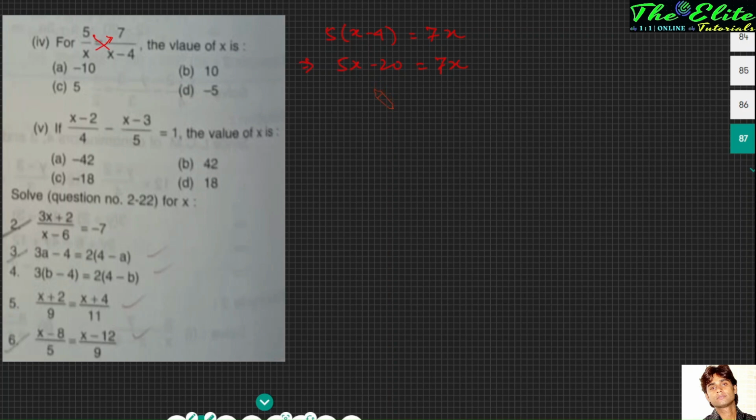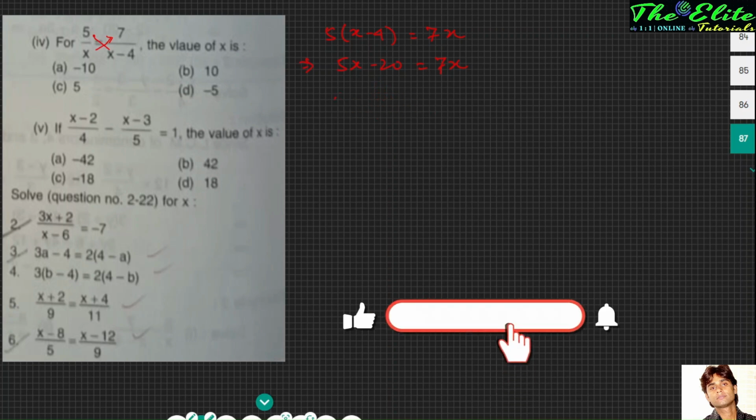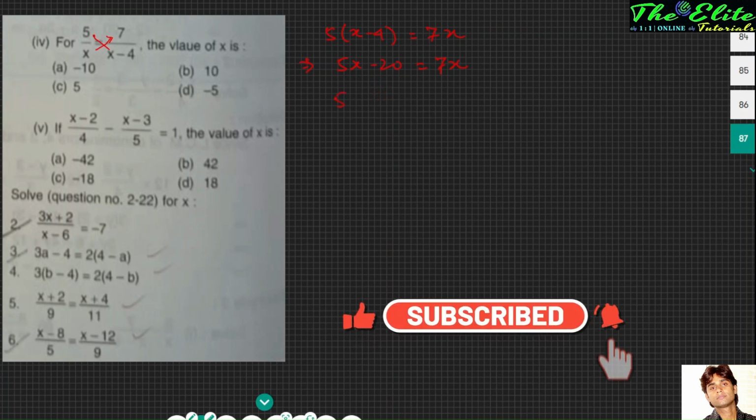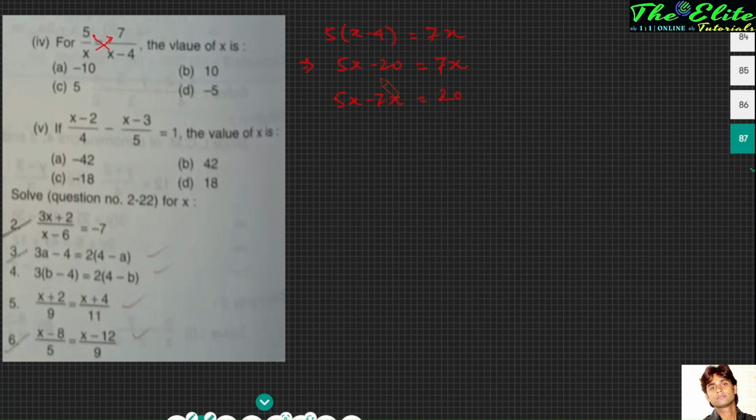If you bring it back here, it will be 5x minus 7x is equal to 20, right? Because it is minus 20 on the left hand side, but it is transposed to the right side, it will be plus 20. Here it is going to be -2x equal to 20. x will be equal to minus 10. This is your answer.